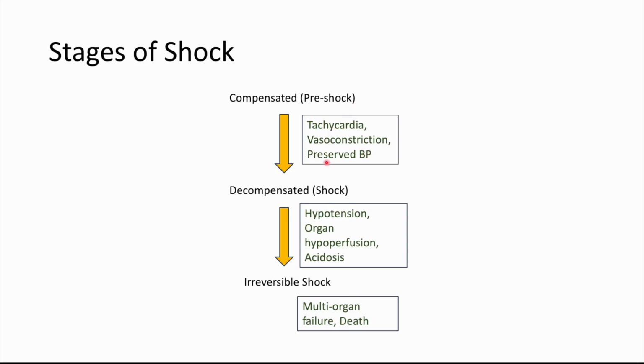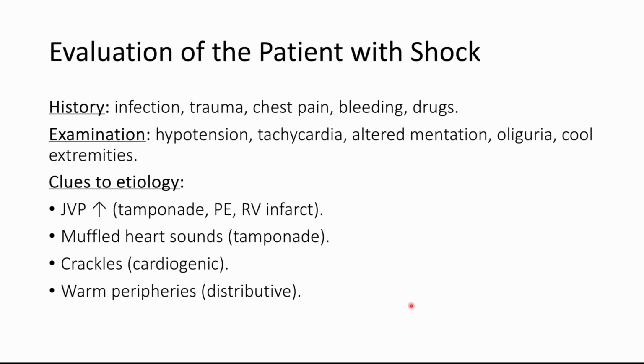Whereas in decompensated shock, you can see hypotension and organ dysfunction become evident. So if still untreated, then irreversible shock develops with profound cellular injury and death despite supportive measures.